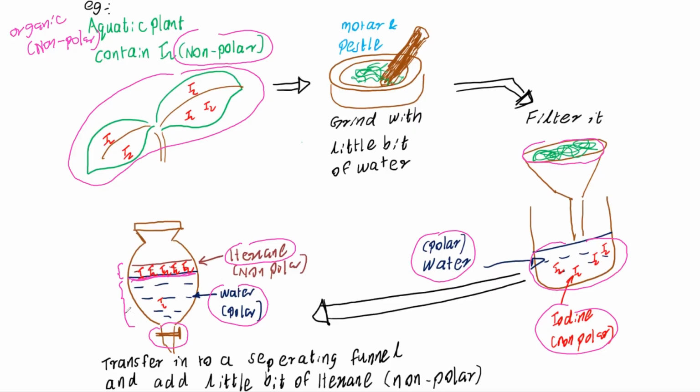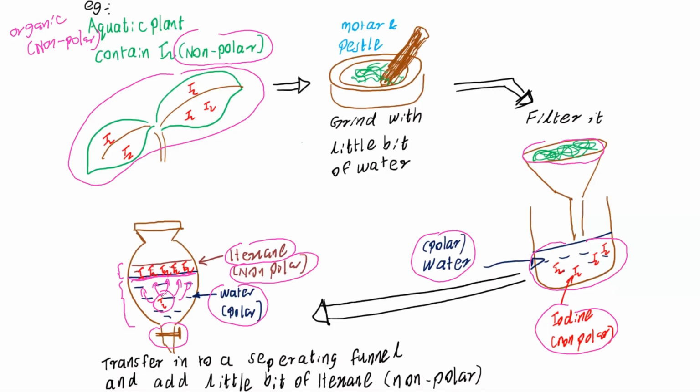Then the second thing is hexane is non-polar. Why do I use a non-polar liquid solvent? The reason is non-polar iodine, just like your organic compound, favors a non-polar solvent. So hexane is a non-polar solvent. Almost all the iodine, most of it, right? It's not complete, but some of the iodine might remain in the aqueous phase.